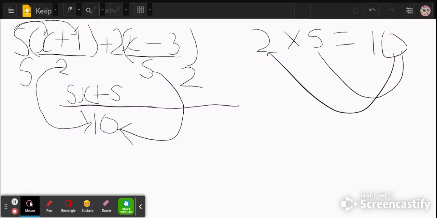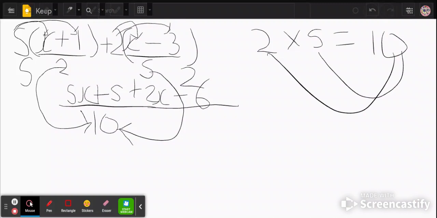So we're going to expand the bracket, so it'll be 2 times x, which is 2x, plus 2 times negative 3, which gives us negative 6. So 2 times negative 3 is negative 6, right? So being that we expand the bracket, it'll be 5x plus 5 plus 2x minus 6.